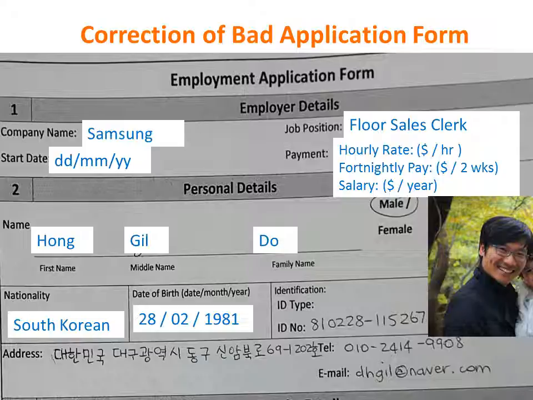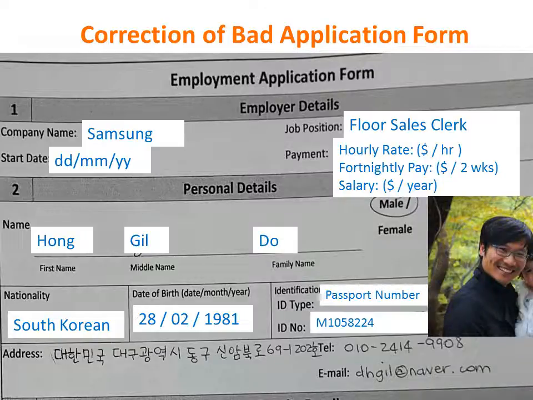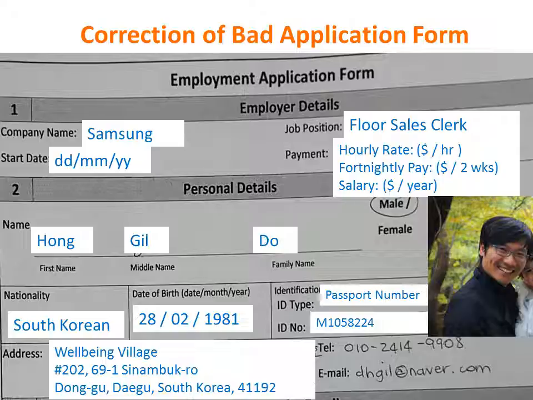However, in other countries, when you're applying for a job overseas, generally the best identification to use is your passport number. So I would recommend you put your passport number here for identification. We talked about address before. We want to make sure we're using an English address and using the correct format.